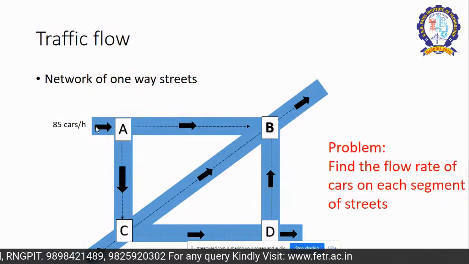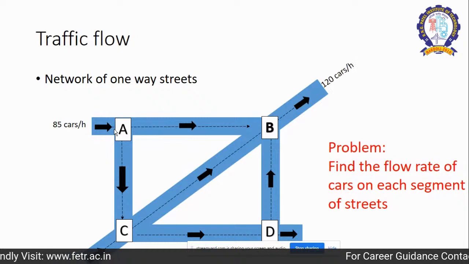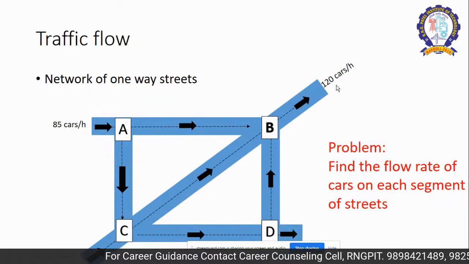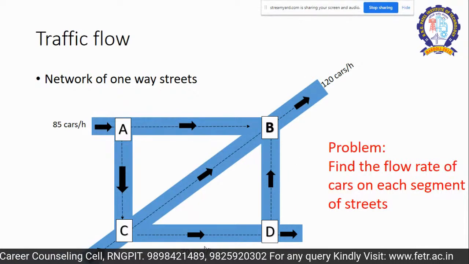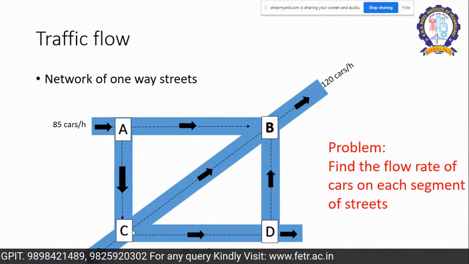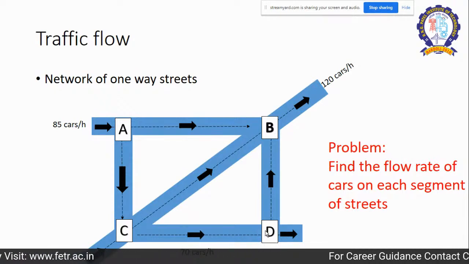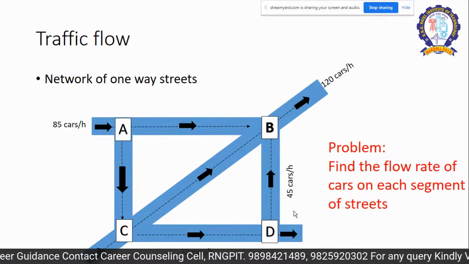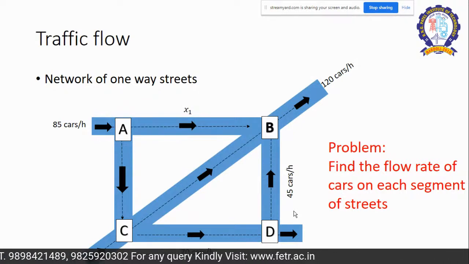At the entry point, 85 cars enter the system, and 120 cars per hour exit from the system. 70 cars per hour pass through C to D, and 45 cars per hour pass through D to B. The rest of the information is not given.